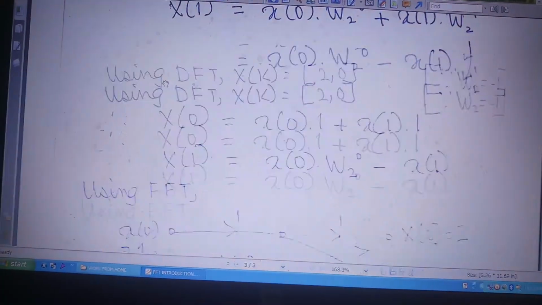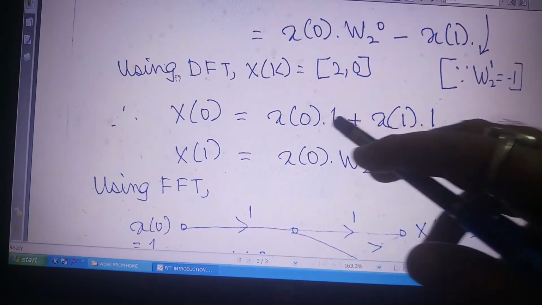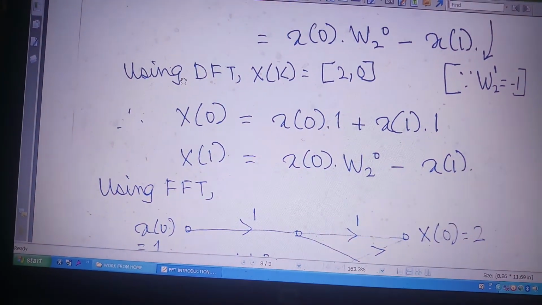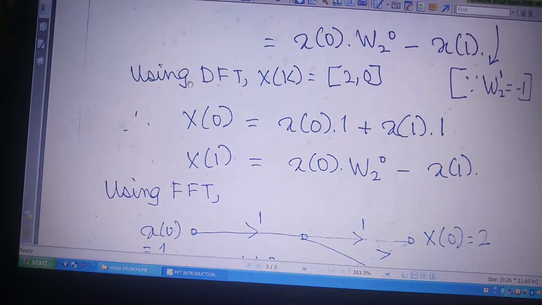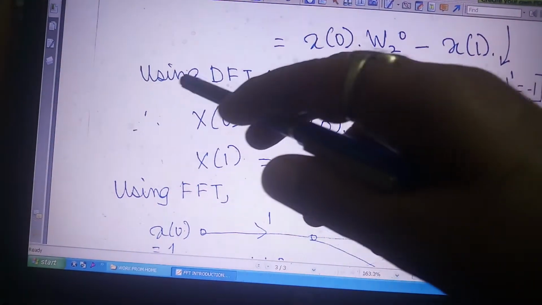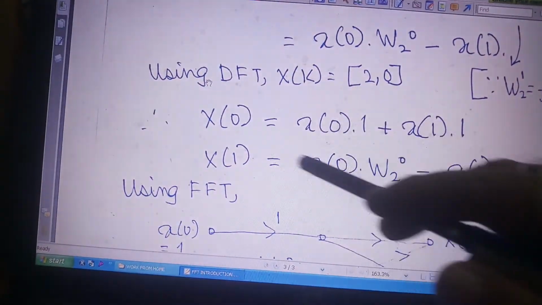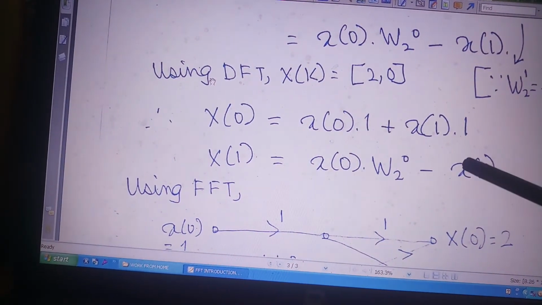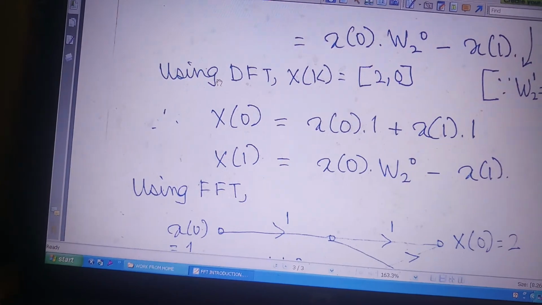Similarly, in the second step I have used the same concept, but here I have taken minus, since W21 is equal to minus 1. So when I finally come down using DFT, the expressions can be reduced to this form. Look, x0 is given by this one and x1 is given by this one.